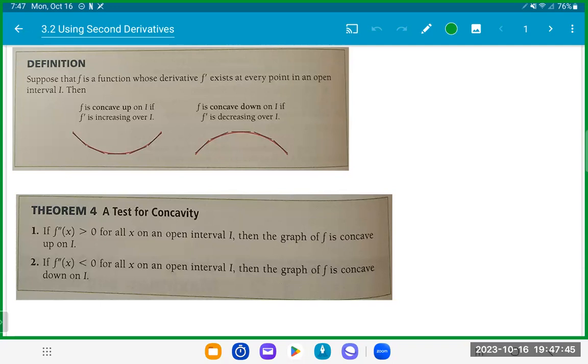Now when we look at the test for concavity, we're looking at our second derivative. If our second derivative is greater than 0 over our interval, then we're going to be concave up. And if our second derivative is negative over that interval, we will be concave down.